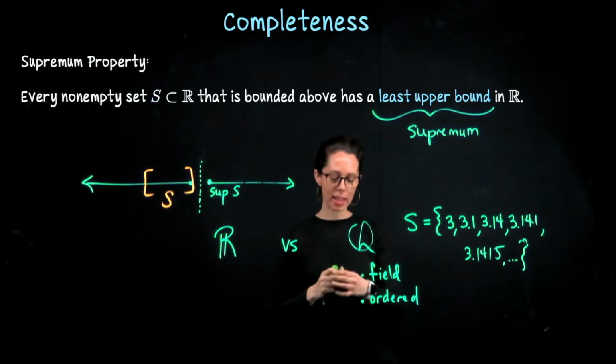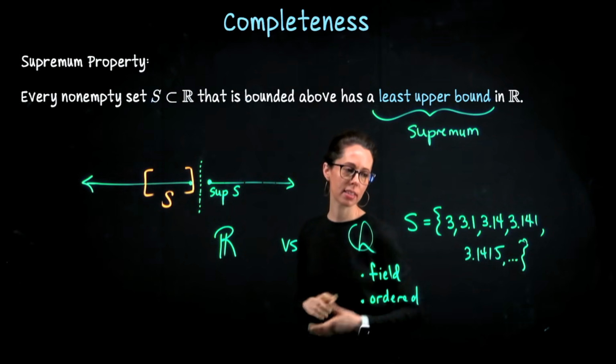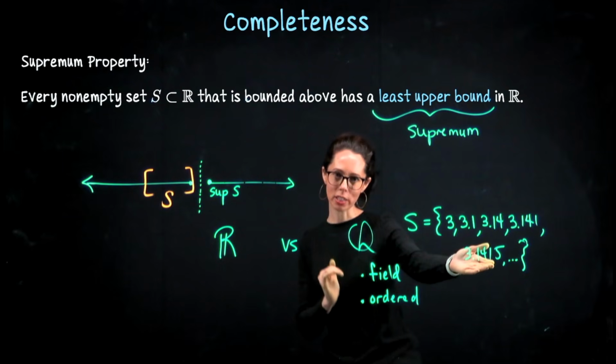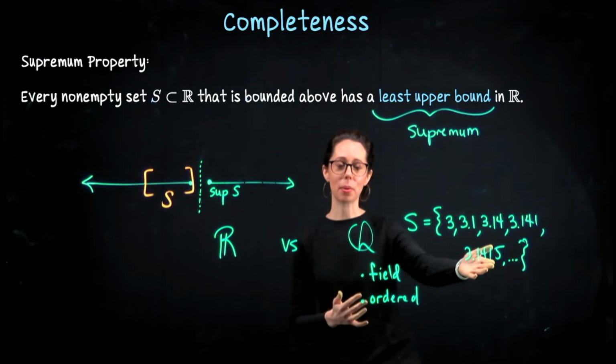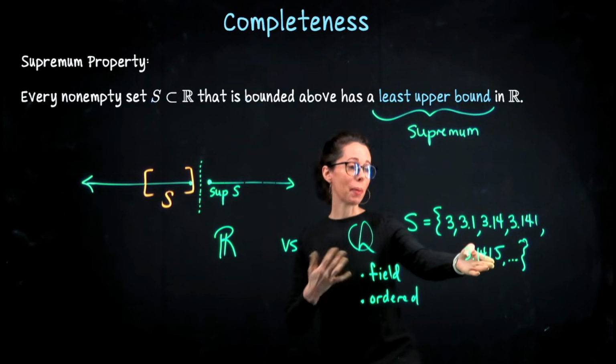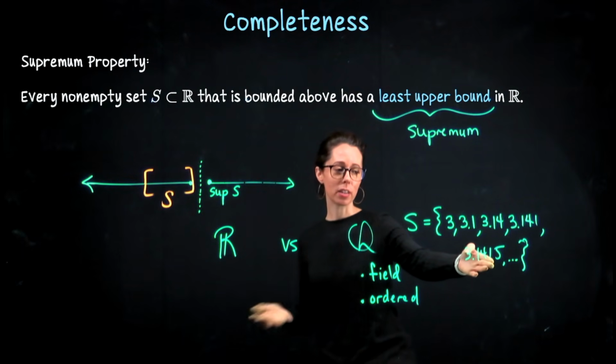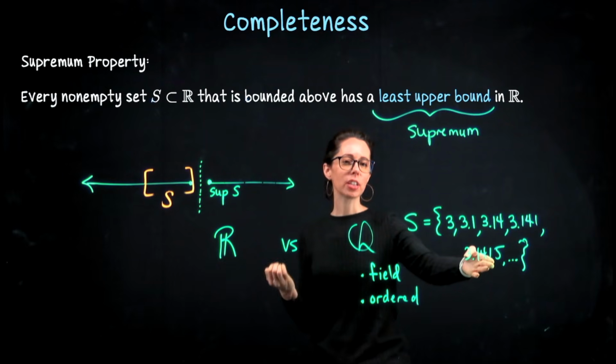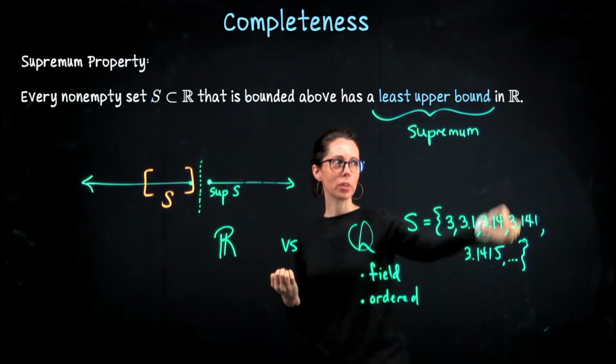Imagine that my set S is a set of rational numbers which are the decimal truncations of the irrational number pi. This set is bounded above by the number 4. It's bounded above by the number 100, so it has upper bounds. But it actually doesn't have a least upper bound which is a rational number.